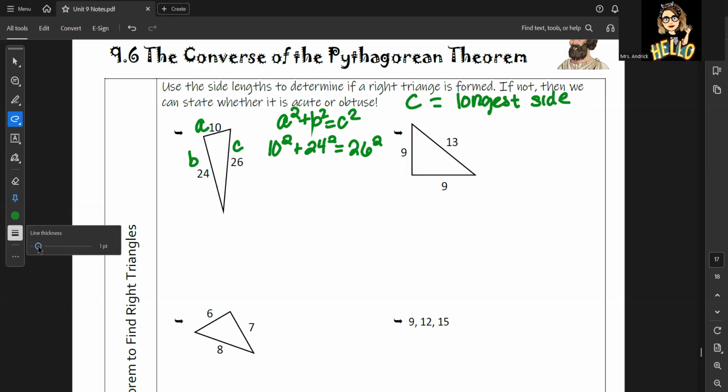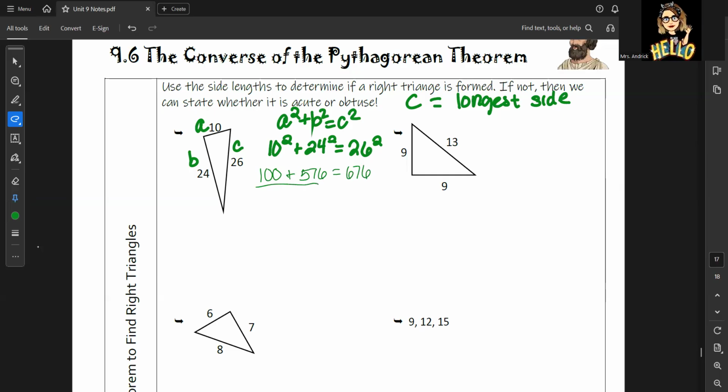So 10 squared is 100, 24 squared, figure out what that is. 24 squared is 576. And then 26 squared is 676. So now we're just going to add up these two numbers because there's the plus sign there.